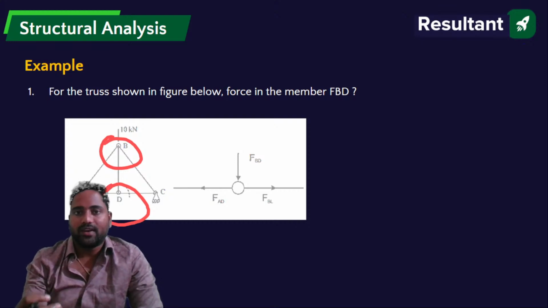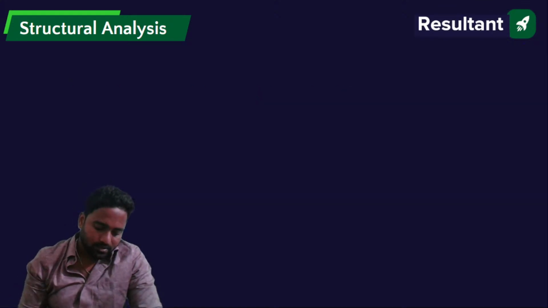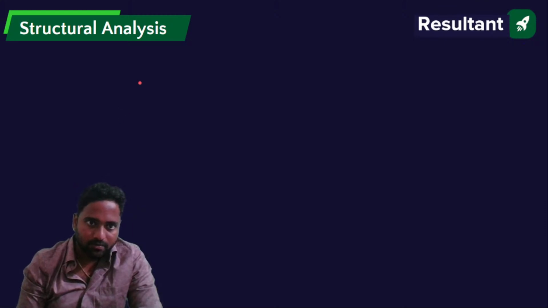We'll consider the equilibrium of joint B. So if I see the equilibrium of joint B, what are the forces that are acting at joint B? It is something like this.